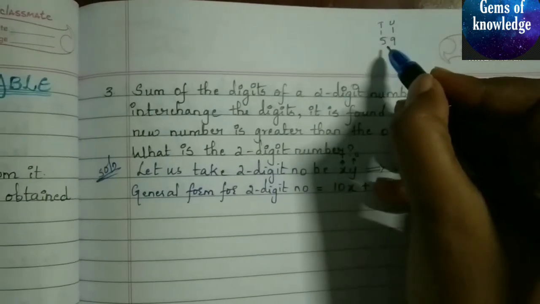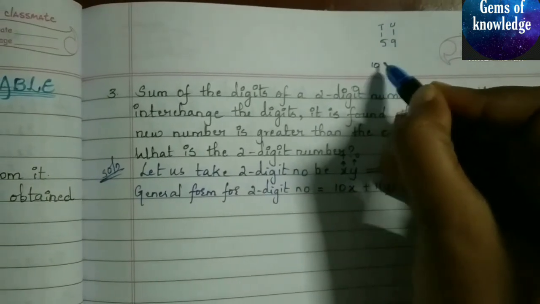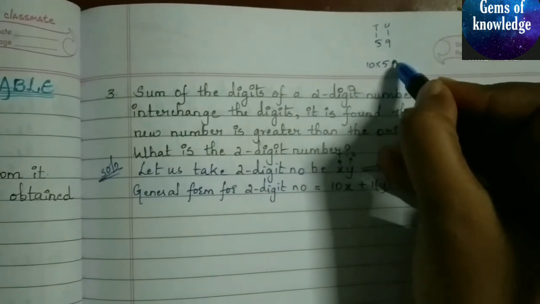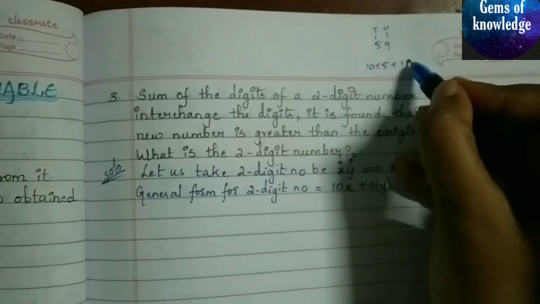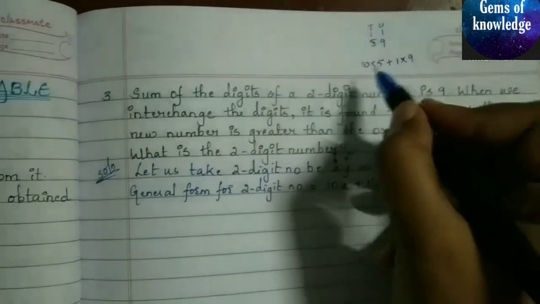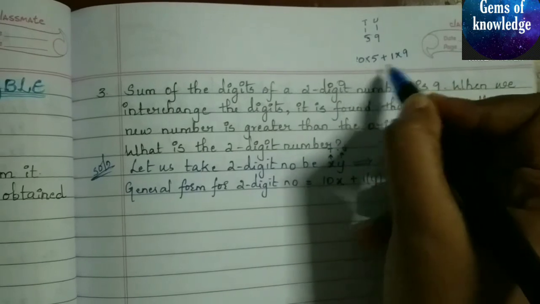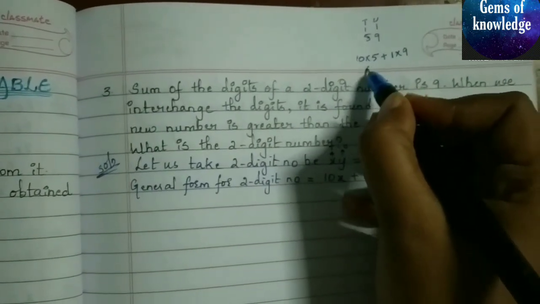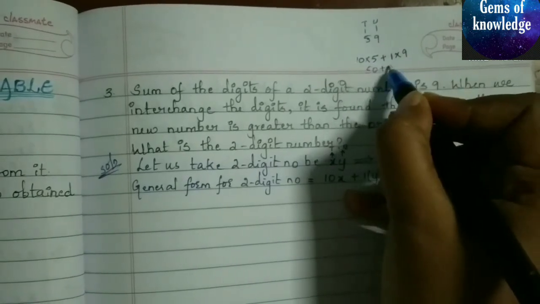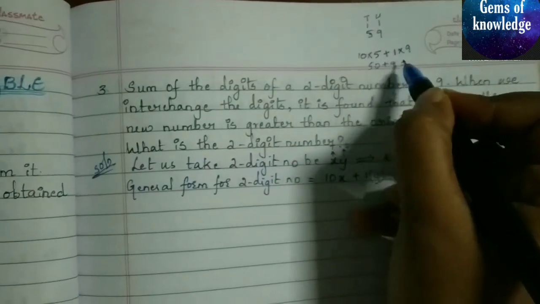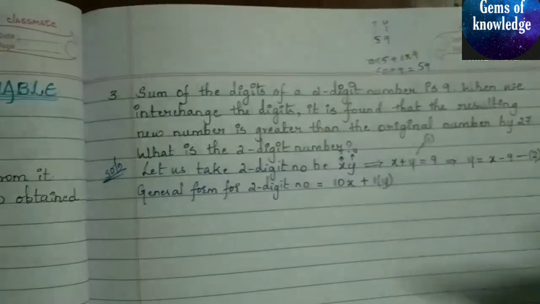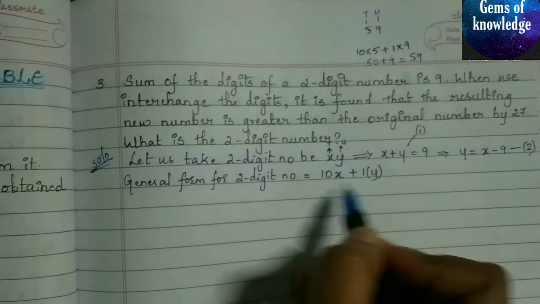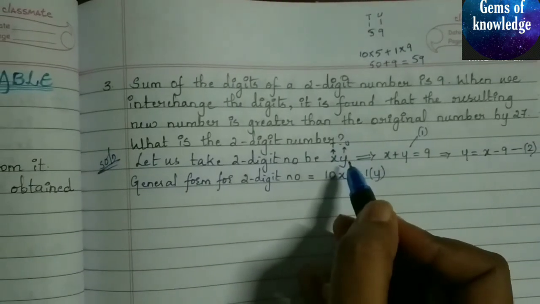So in the general formula, we write 10 into the tens place digit, 5, plus 1 into the units place digit, that is 9. When we multiply and add, we get 59. Just see here, 10 into 5 is 50 plus 1 into 9 is 9, so 50 plus 9 is nothing but 59. Similarly, we have written this in the general form using x and y.